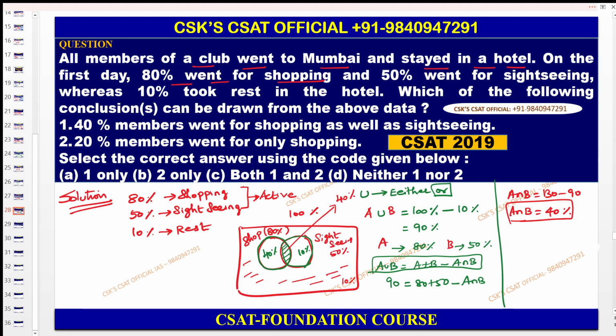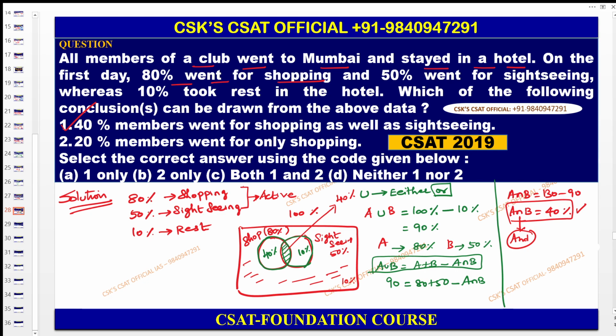After this easily we can go with the options and the statements here. 40% of the members went for shopping as well as sightseeing. Yes, as well as means and. So this intersection is for an and. Yes, 40%. Yes, correct. One is correct. 20% of members went only for shopping.